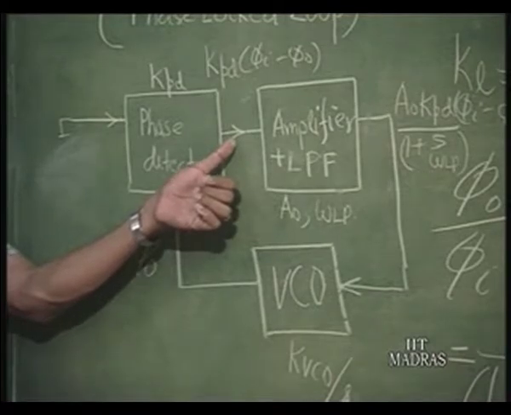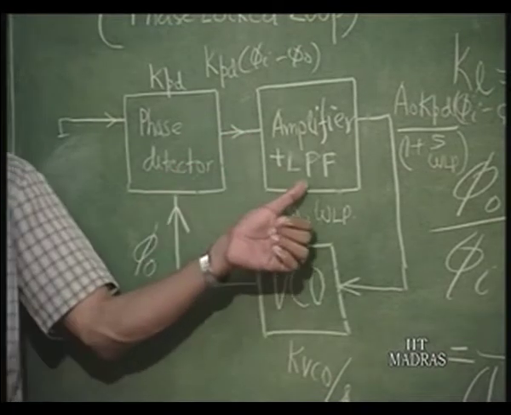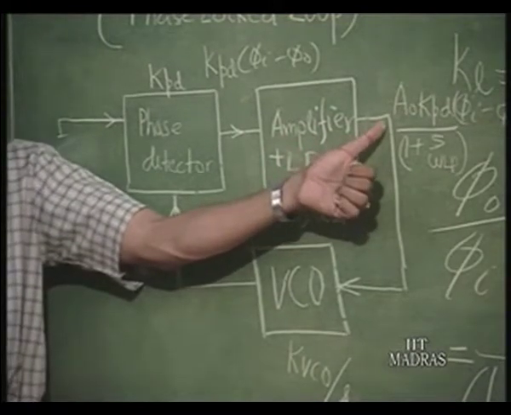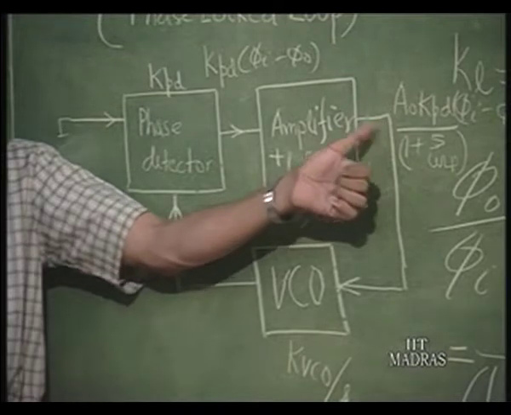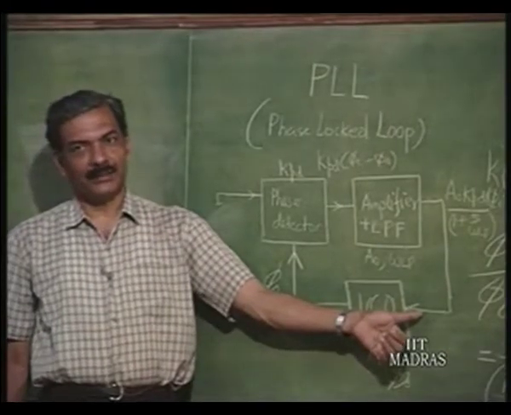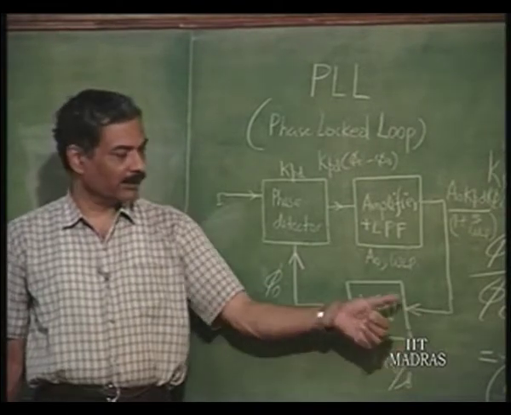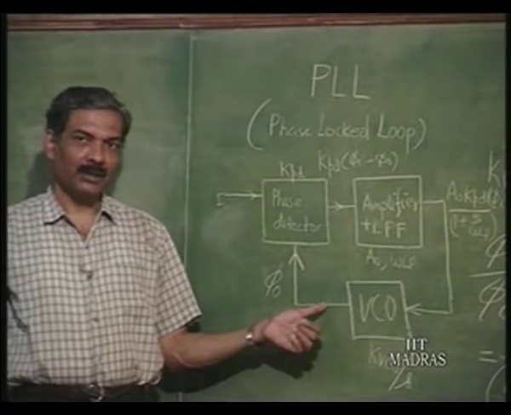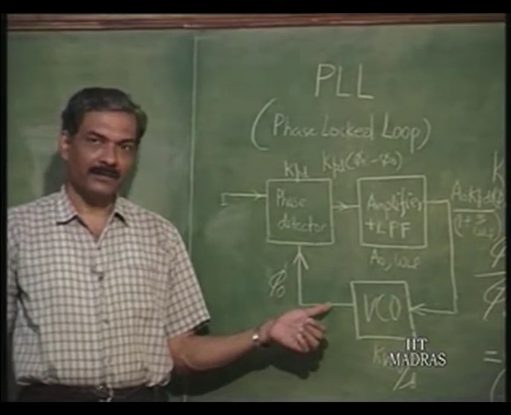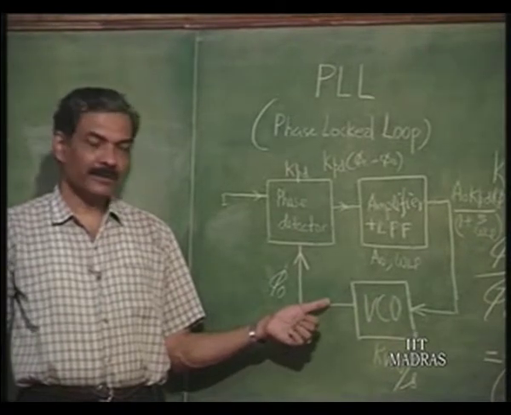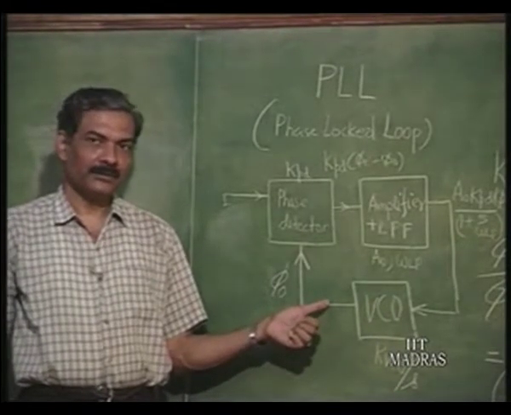That being a very high frequency component, nothing is permitted to come out of the amplifier plus low pass filter combination, and therefore, the VCO remains at its quiescent state, because this input does not change. Therefore, this continues to run at what is called the free running frequency of the phase lock loop. So, this continues to run at omega 2.